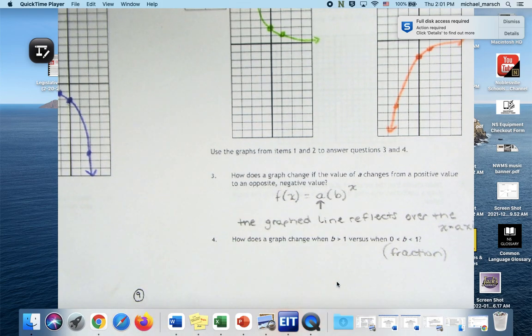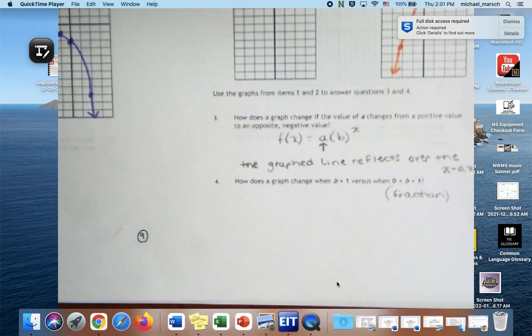If I look back at this and look at them all together, let's compare the red and the green line. What happened? It reflected over the y-axis. And then my blue and purple lines also reflected over the y-axis, right? The only difference between those is that the A value is either positive or negative. So how does the graph change here?